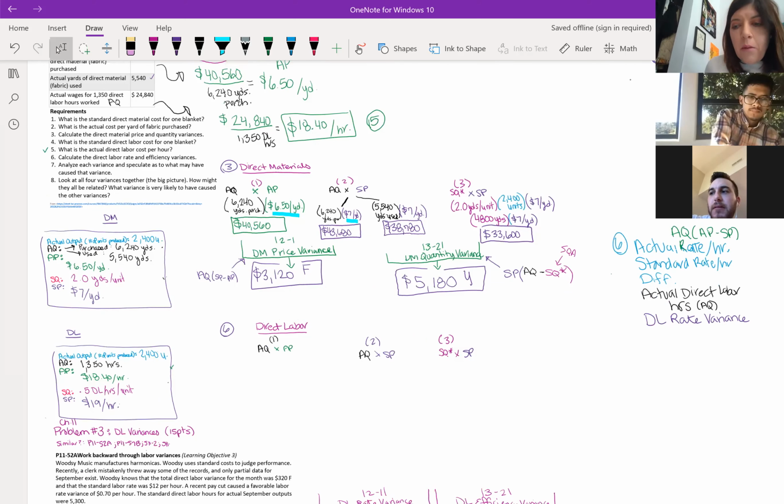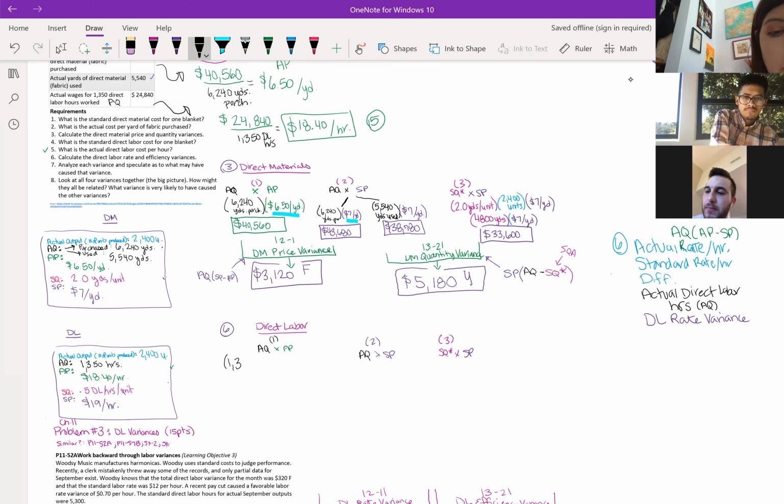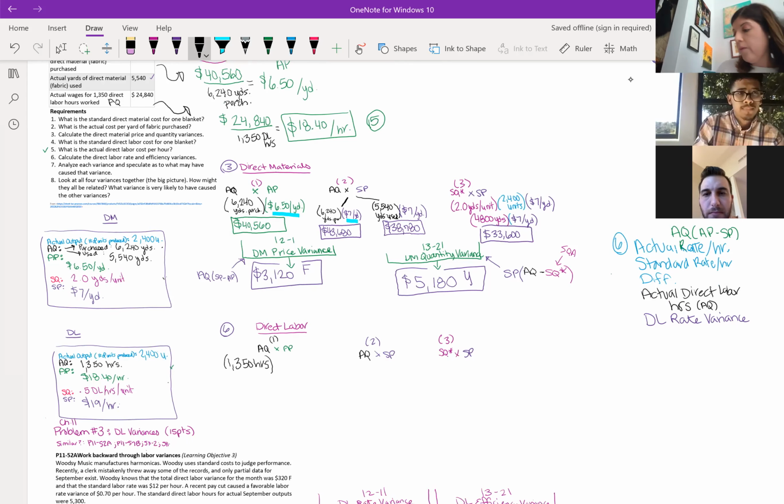For direct labor, we're going to plug in the information. Actual quantity is our 1,350 hours. And we actually paid $18.40 per hour.